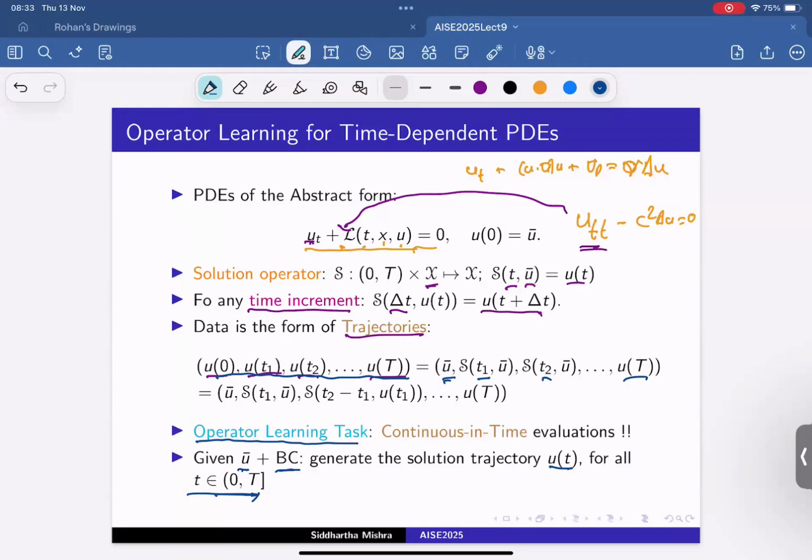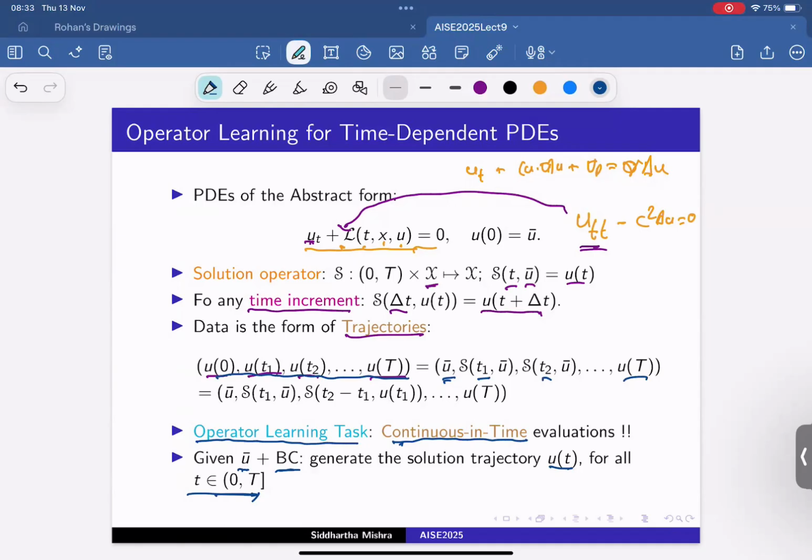In practice this will be a discrete set of times. We could interpolate. So in a way there is also continuity in time, right? This is why I wrote down, it's continuous in time, not just in space. So remember, one of the points about operator learning was that you don't just look at vectors, discrete versions of functions, but you want to sample the entire function itself in space.